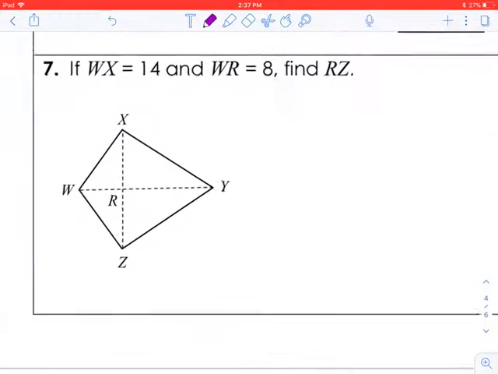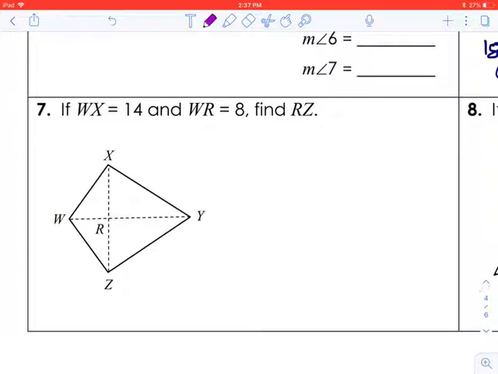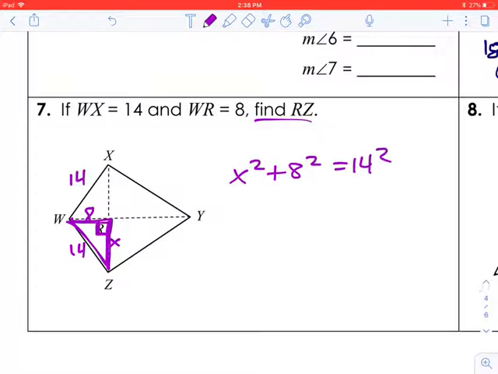Last one. I've got 14 here. WR is 8. Given that information, I got to find RZ. Well, I know this is 14 as well. Once again, look at the triangle that's made, something we did a lot with the right triangles and a rectangle and a rhombus. We can use the Pythagorean theorem to find x. So x squared plus 8 squared equals 14 squared.